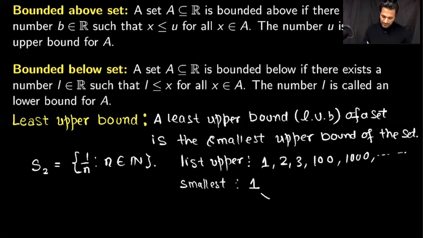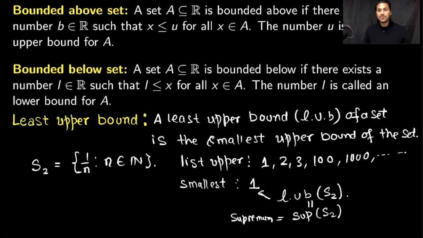So this one we'll call the LUB of the set S2, or in other words, the least upper bound of the set. The notation for this LUB, which you will sometimes see in the books or in the coming videos, is also sup. Sometimes it's defined as the supremum, or in short, sup of the set.